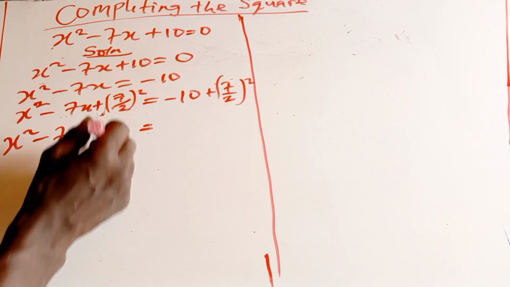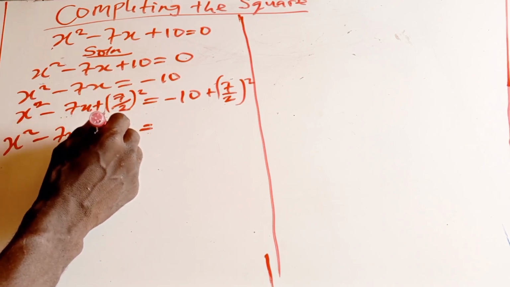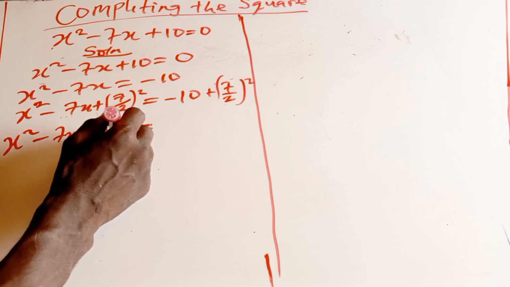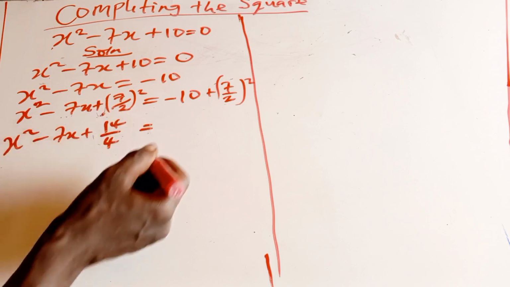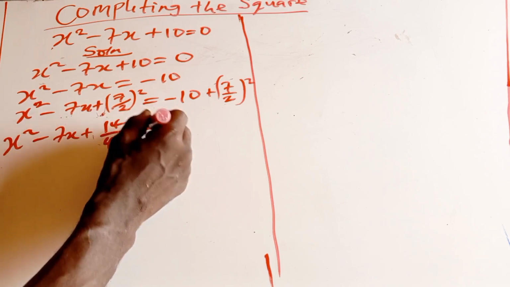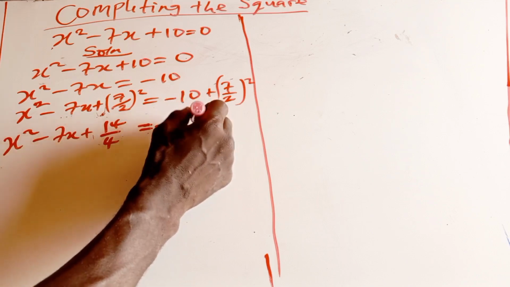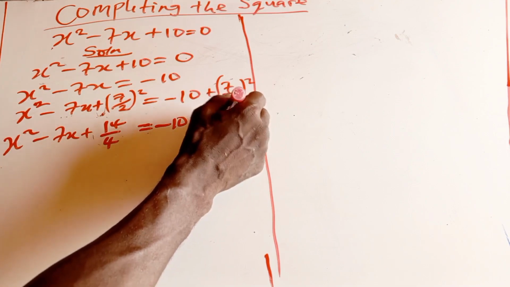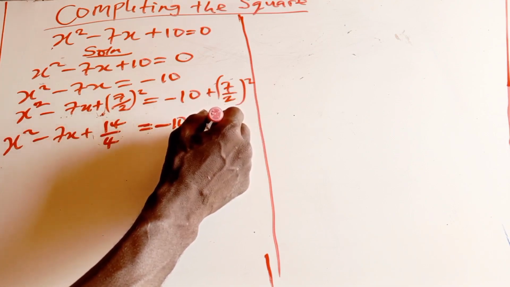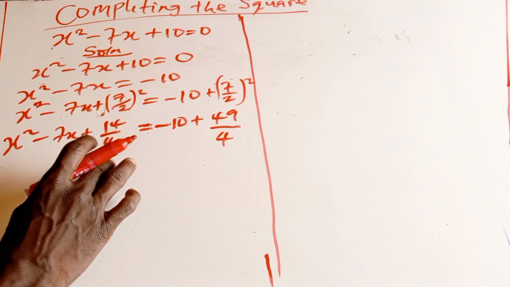Then here we can simplify as 49 divided by 4. This is equal to minus 10 plus 49 divided by 4. Okay.